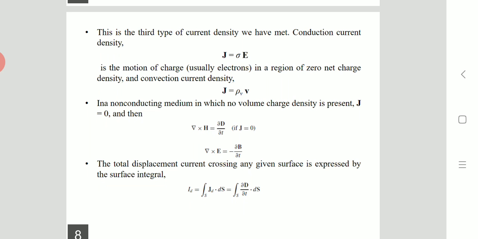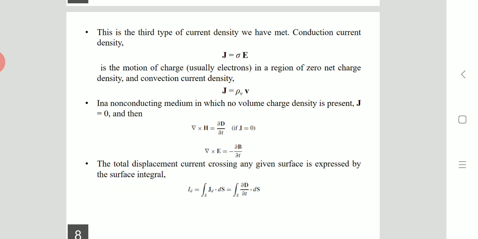One is the conduction current density, that is J is equal to sigma E, which is the motion of charge, usually electrons, in a region of zero net charge density, and the convection current density, where J is equal to rho V. Now in a non-conducting medium in which no volume charge density is present, J will be equal to 0.